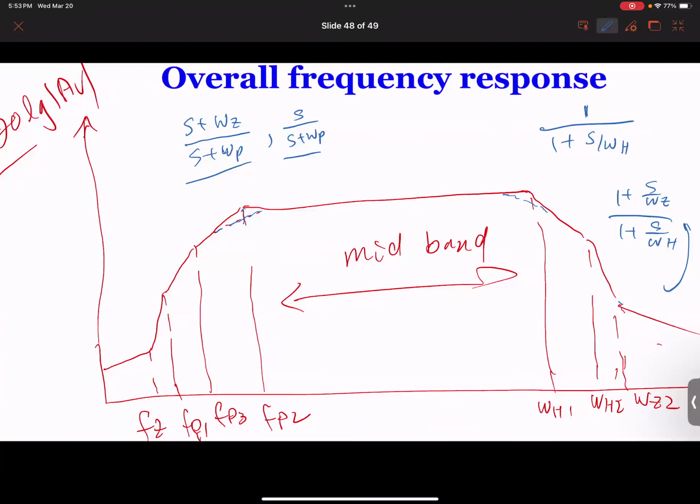Now, the high frequency limit is dependent on the device. So when you design your amplifier, you need to determine what high frequency you want to reach. If your frequency is very high, you might have to find a device that is faster, and those devices are generally more expensive.